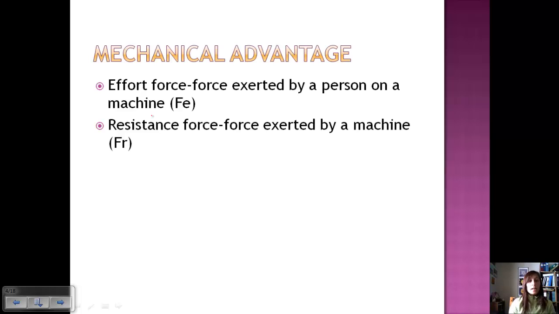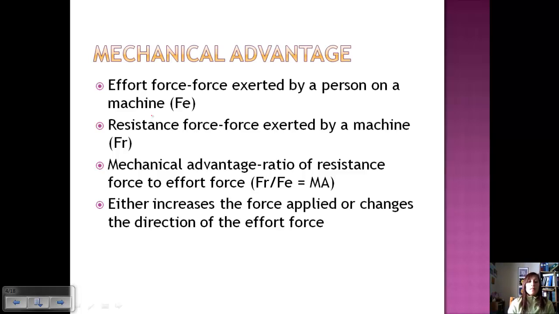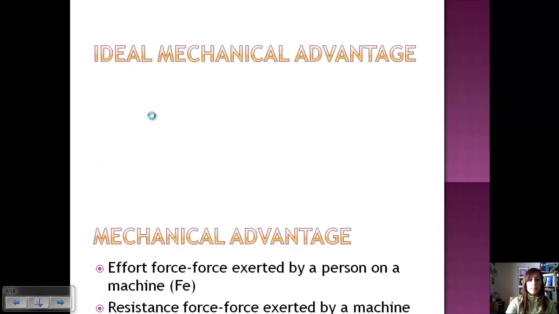The resistance force is the force exerted by the machine, and we're going to put that symbol as F sub R. So to find the mechanical advantage, which is the ratio of the resistance force to the effort force, we would take the force exerted by the machine divided by the force exerted by you, and that's what's called the mechanical advantage. A machine either increases the force applied or changes the direction of the effort force. So remember, we're looking at the force and either changing the magnitude or the direction.